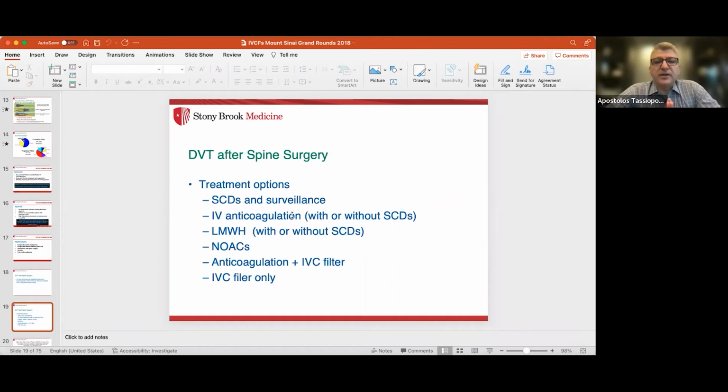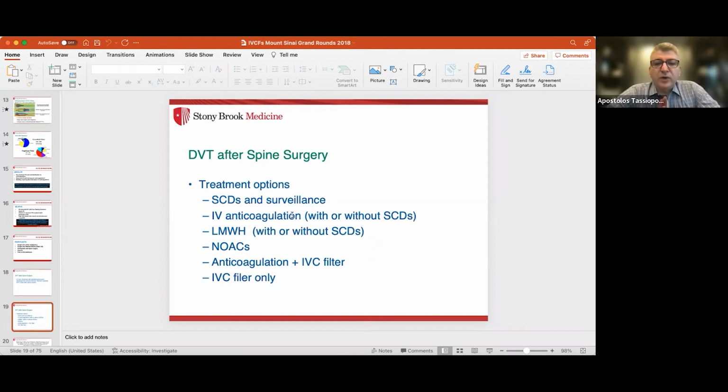And I listed some there: SCDs and surveillance, intravenous anticoagulation with or without SCDs, low molecular weight heparin with or without SCDs, some of the new novel anticoagulants, Xarelto, Eliquis, any type of anticoagulation plus IVC filter, or IVC filter only.